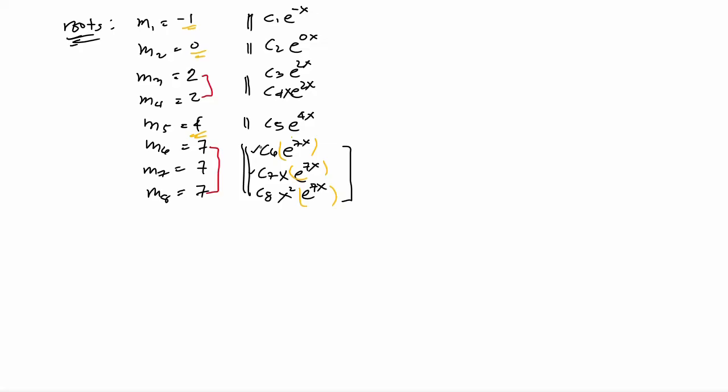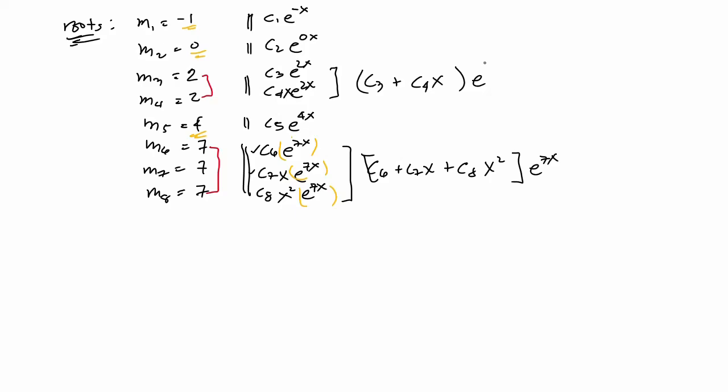Then these three terms, we have c sub 6 plus c sub 7 x plus c sub 8 x squared multiplied by e to the 7x. And for this one, we have c sub 3 plus c sub 4 x multiplied by e raised to 2x.